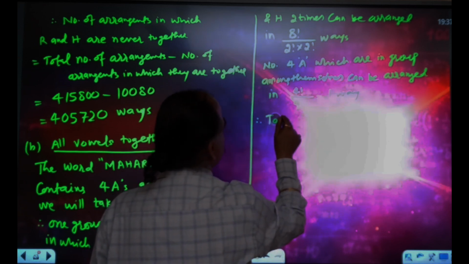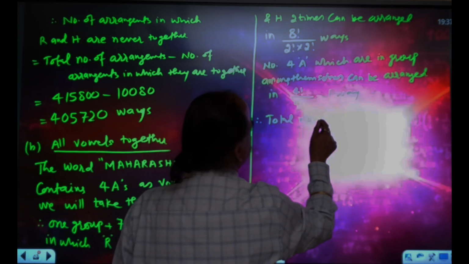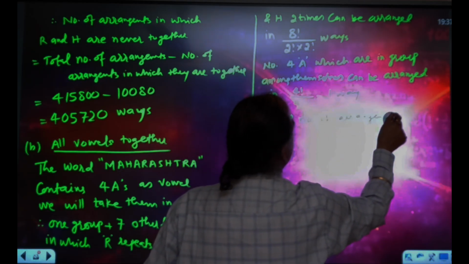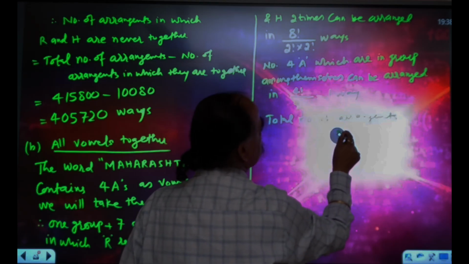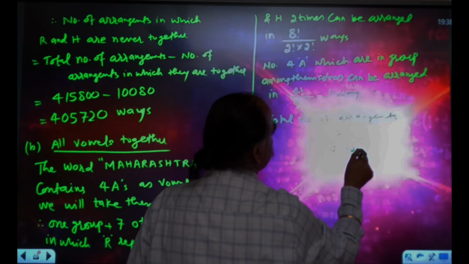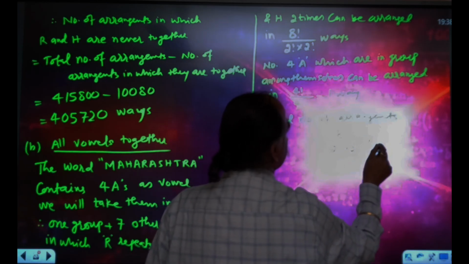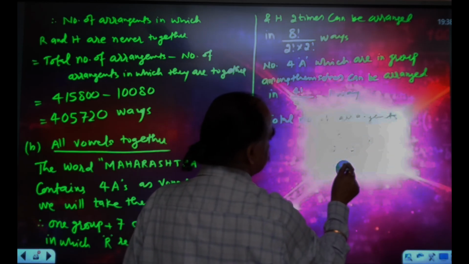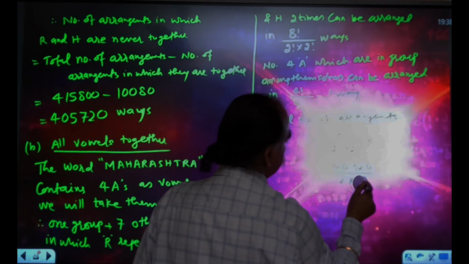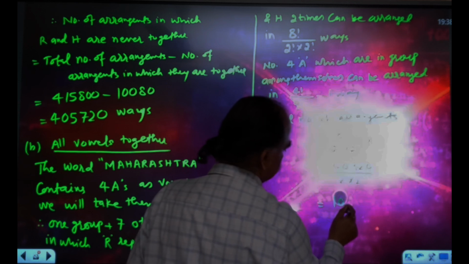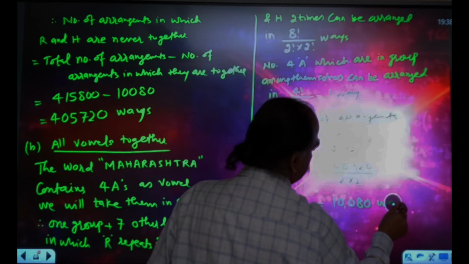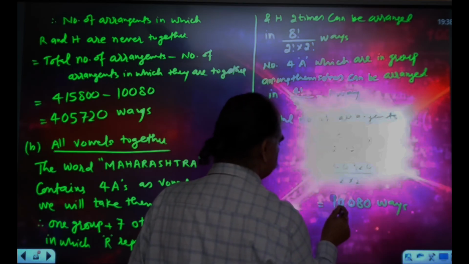Therefore, the total number of arrangements is equal to 8 factorial upon 4, which is 40,320 upon 4, giving 10,080 ways.